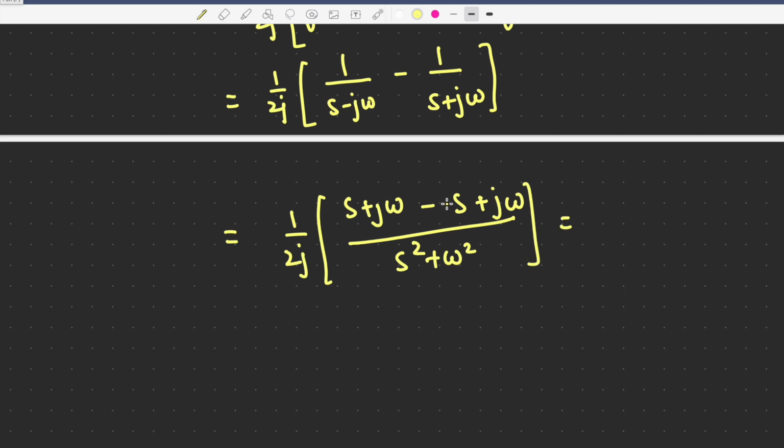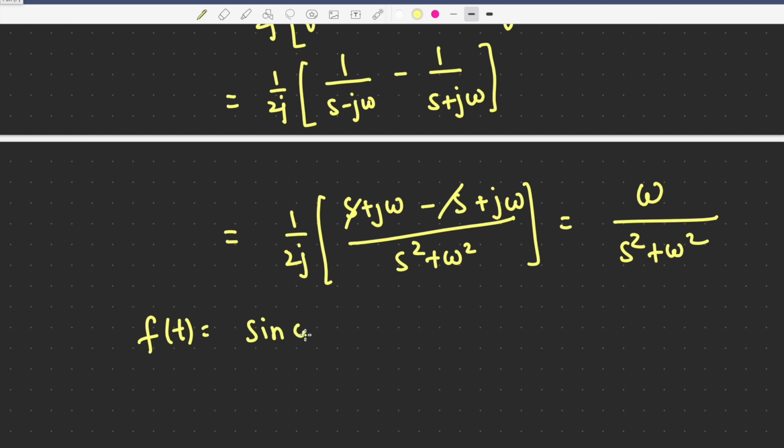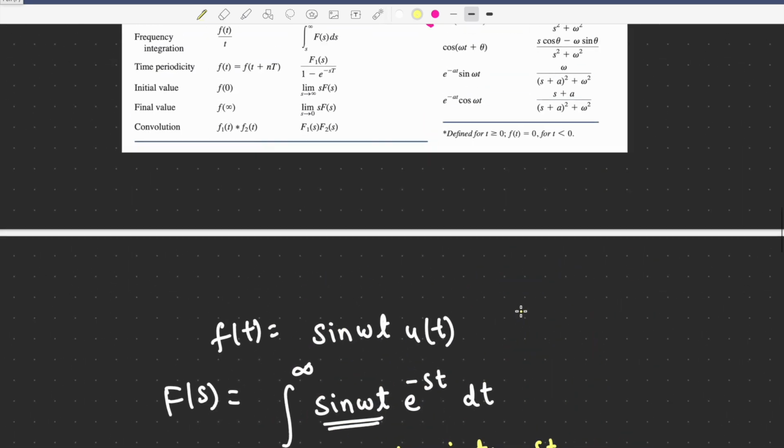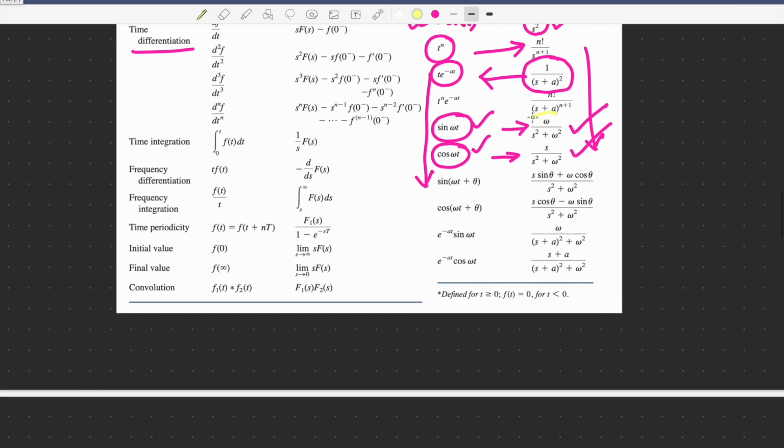The s cancels, j also cancels, and 2 also cancels, so we have omega by s square plus omega square. So if your function f(t) is sine omega t, its Laplace transform F(s) will be equal to omega by s square plus omega square, which we can verify over here. You can see it's omega by s square plus omega square for sine omega t.